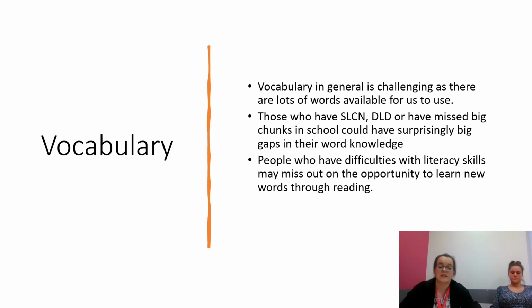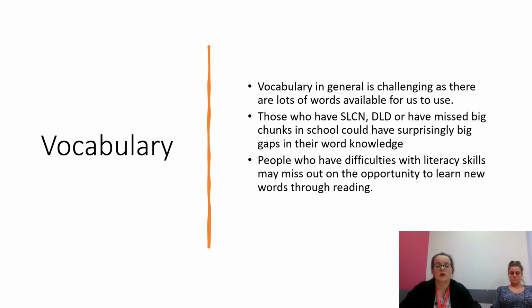So this can increase gaps in their vocabulary, which then makes it even harder for them to know what the words mean. You might also find that people who have difficulties with literacy skills may miss out on the opportunity to learn new words because they may not be reading as much, or if they are reading, they're maybe not understanding what they've read, so they then can't store that new word in their brain for future use.